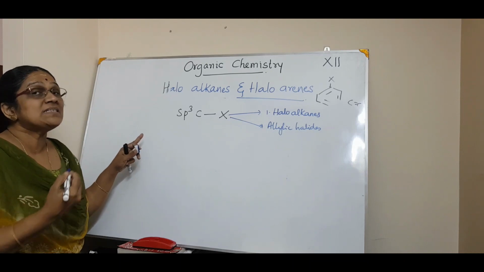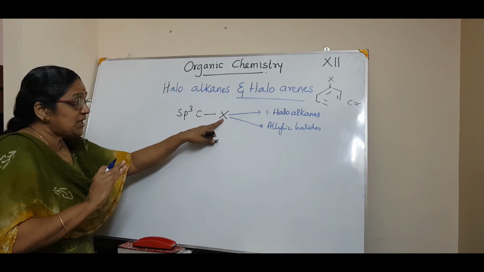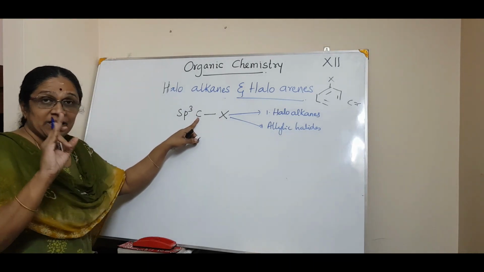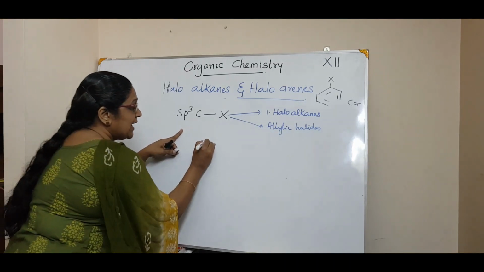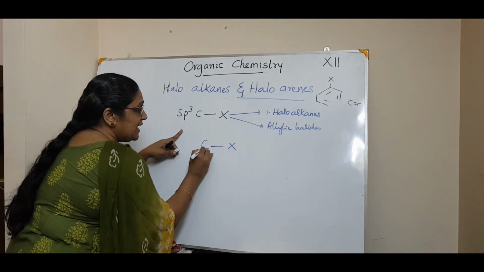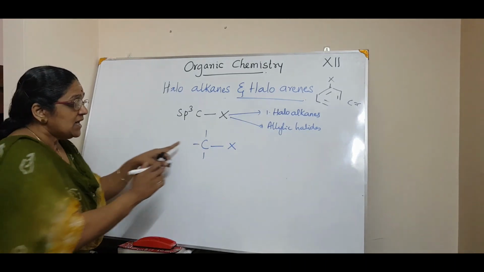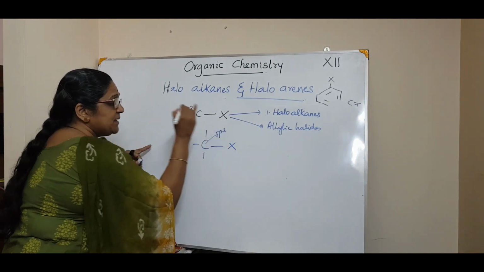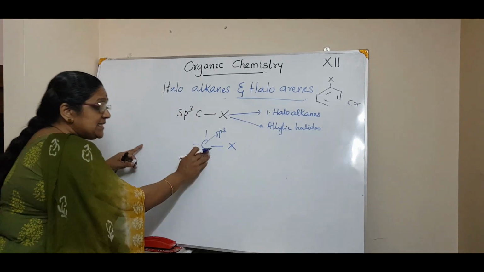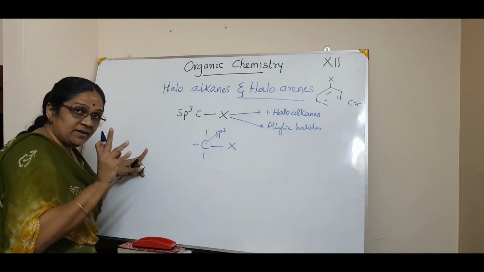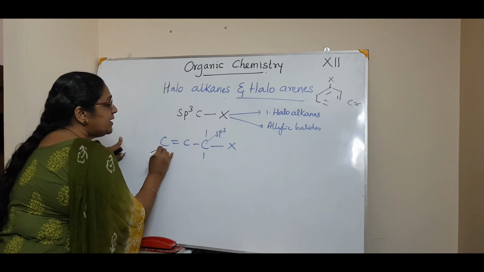Allylic. Now, what is allylic? Listen. Allylic means the halogen atom is directly attached to a carbon atom which is sp3. So I can write C and X, and here it will be a single bond, because this carbon atom must be in an sp3 hybridized state. Now, allylic means this sp3 hybridized carbon is attached to a carbon-carbon double bond.